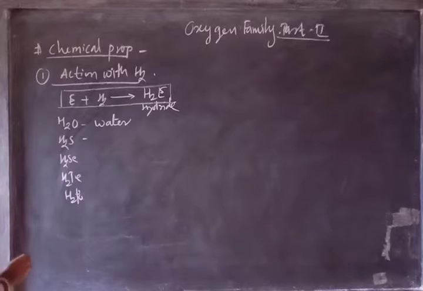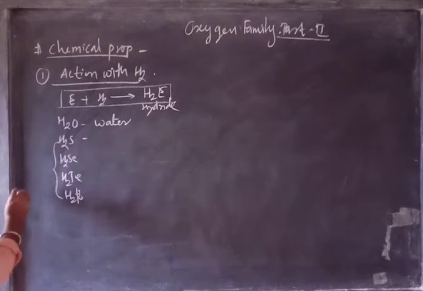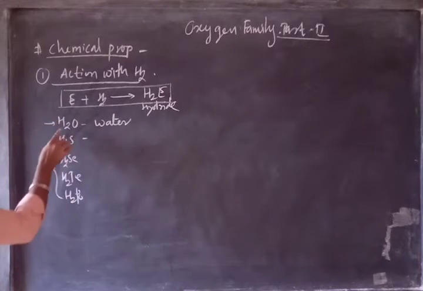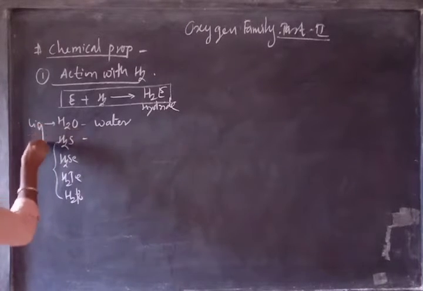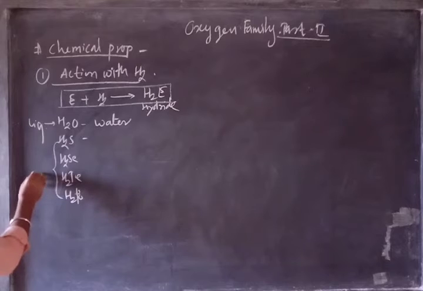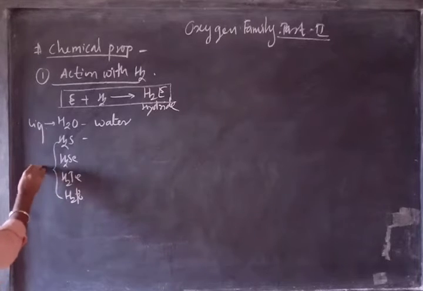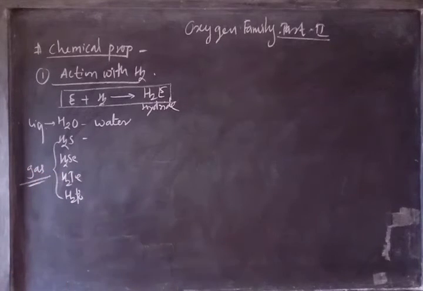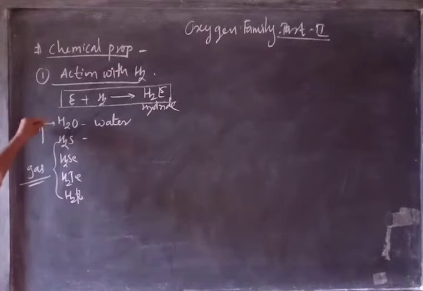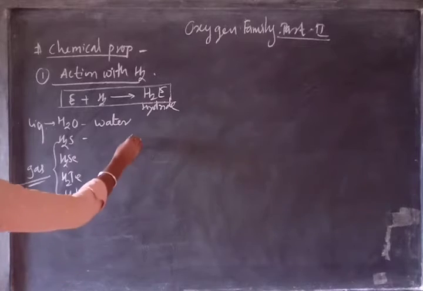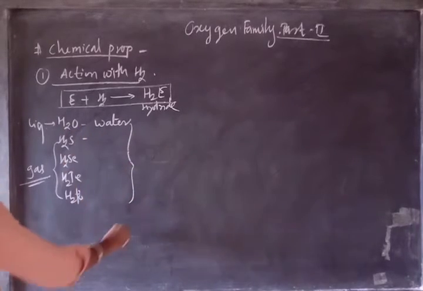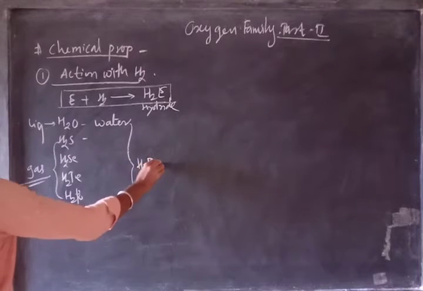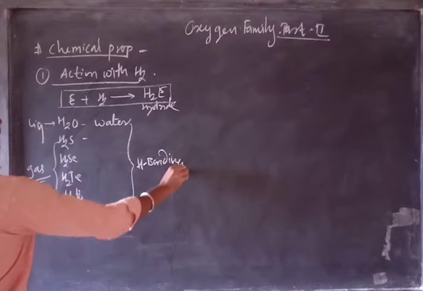The most important thing to know is that among these hydrides, the first hydride of the oxygen family, that is with oxygen, is found in liquid state, and all the remaining are found in gaseous state. This is a huge difference in the properties of the oxygen family. The reason for these different physical states is hydrogen bonding.